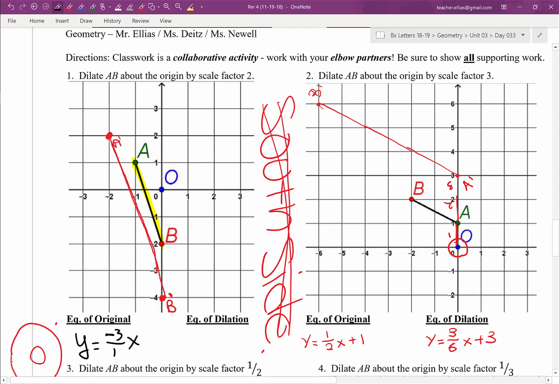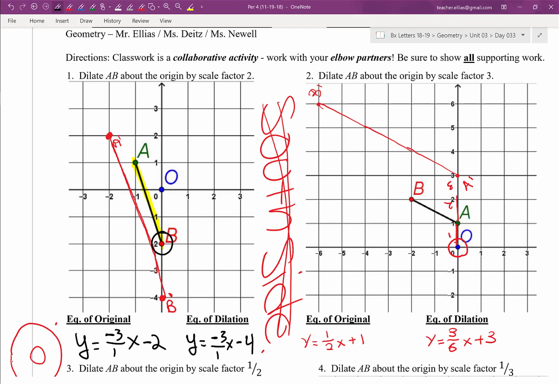What's our y-intercept? Yeah, -2. All right, what's the equation of the dilated line? What do you notice about the original and the image? The slopes are the same.